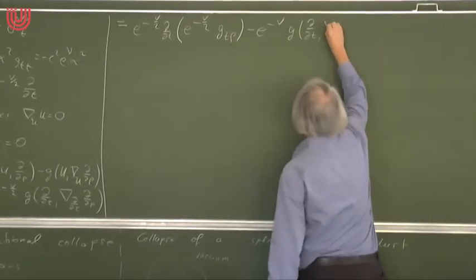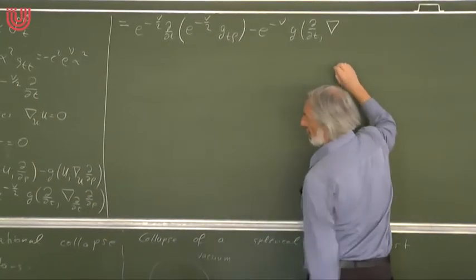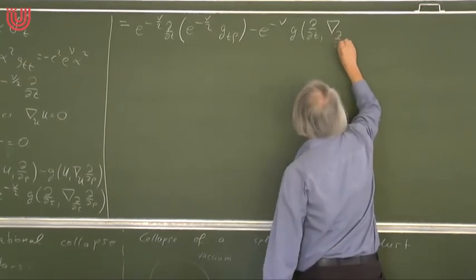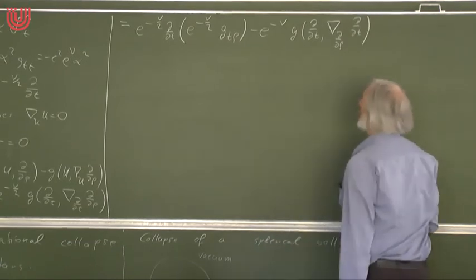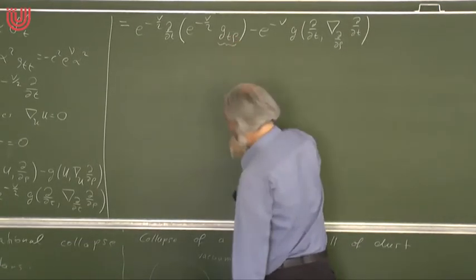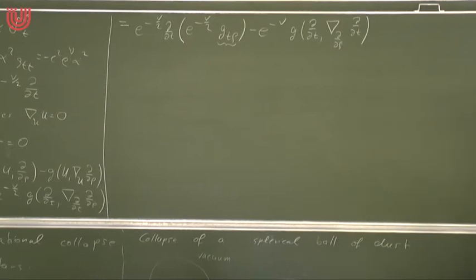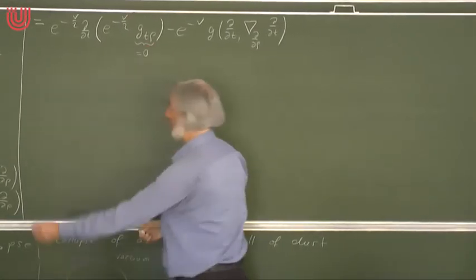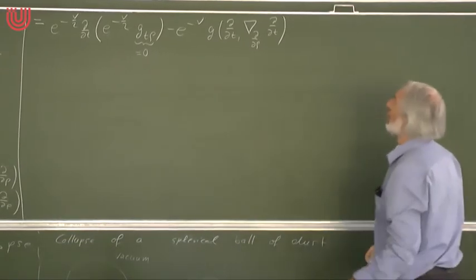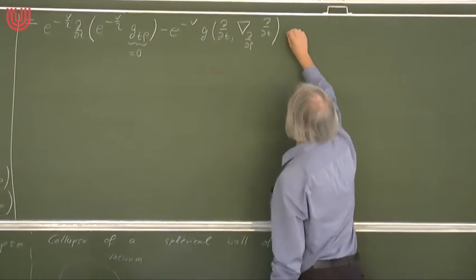So this is the same as the two things in the other order, d by d rho, d by dt. And if you look at the expression for the metric, there's no cross term, no t rho term, so this is 0. And so the first term is gone.